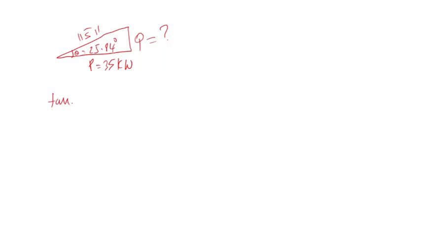Another way to calculate Q, if you go back to the power triangle, so I have P, I have Q, so I don't know Q, but I know P is 35 kilowatt. I know theta is 25.84 degrees, and I calculated S. So tan theta is equal to tan 25.84 degrees.